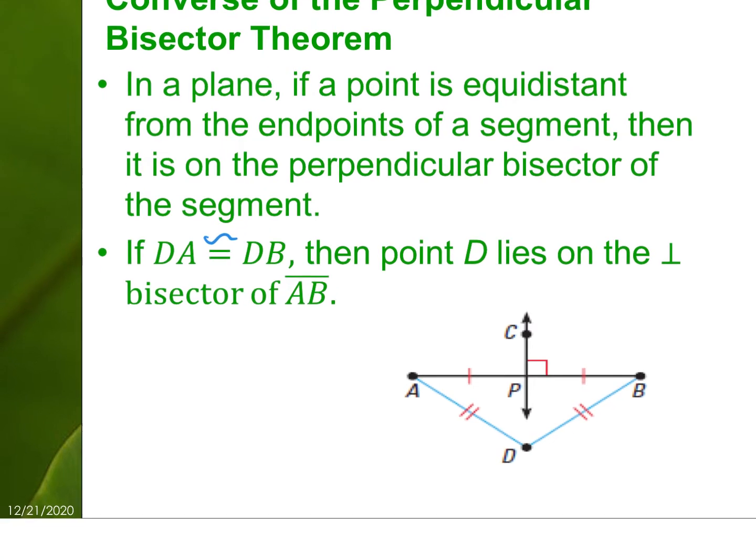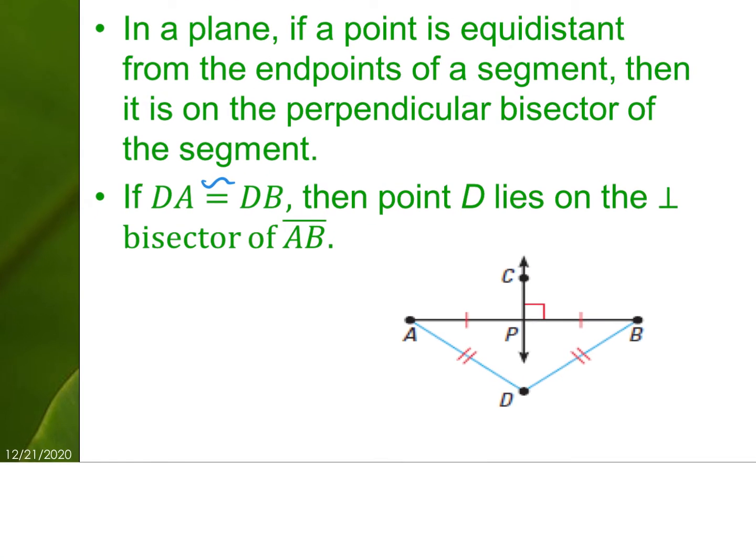So notice this line, it's a line, notice the arrow, so this indicates that really it keeps on going, and point D is on that perpendicular bisector, and notice point D has segments that are connecting the endpoints, and notice that they are both congruent. So from this picture, I could make several statements.